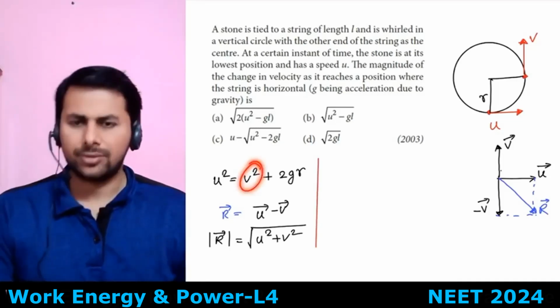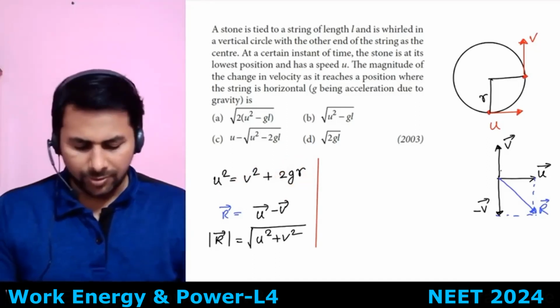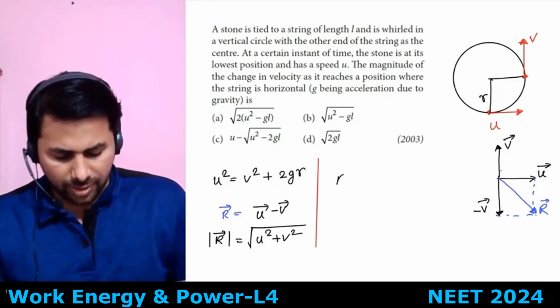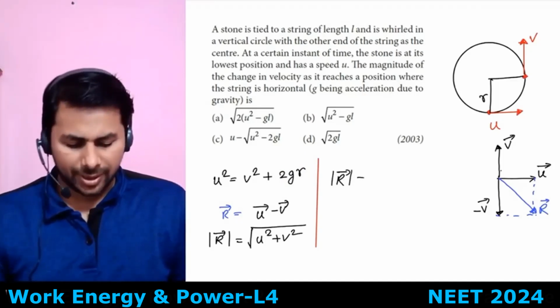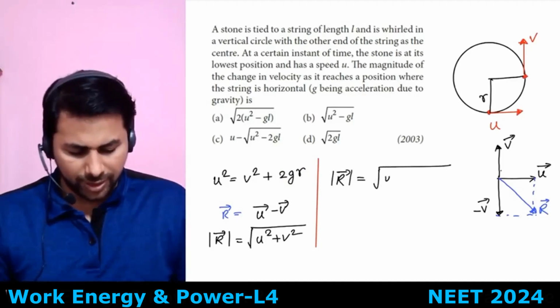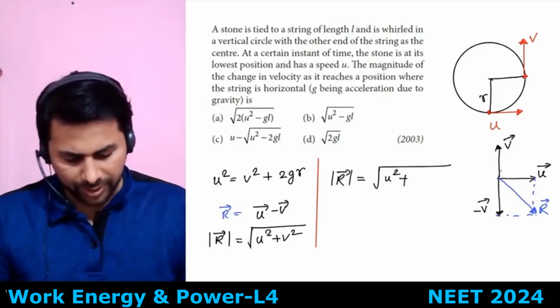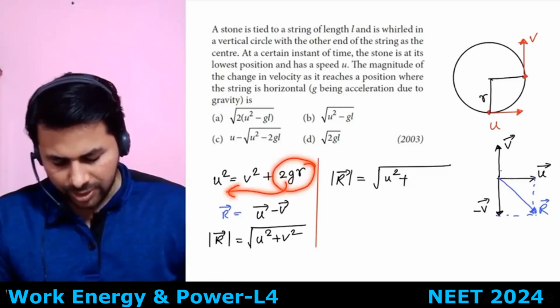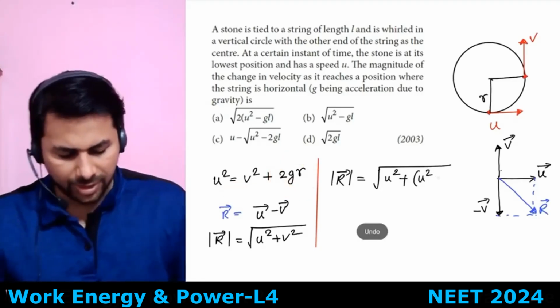So what will be v square? Take that 2gr on the other side, it will be u square minus 2gr. So you have the magnitude of u bar minus v bar equals the square root of u square plus v square, sorry. So v square is, take this 2gr on the other side, u square minus 2gr.